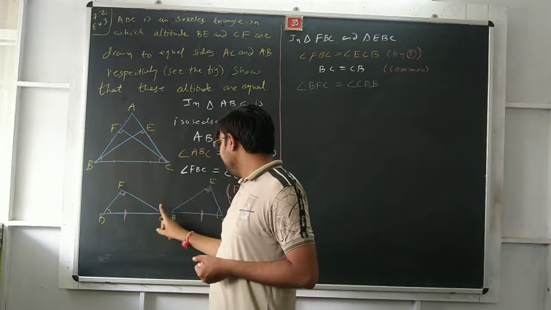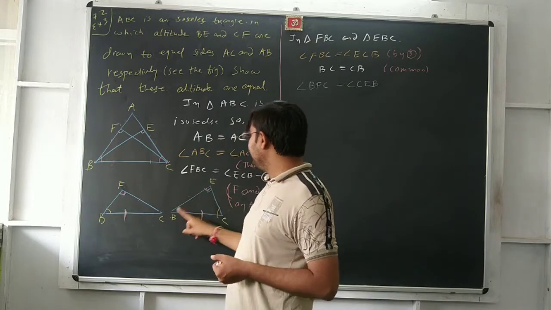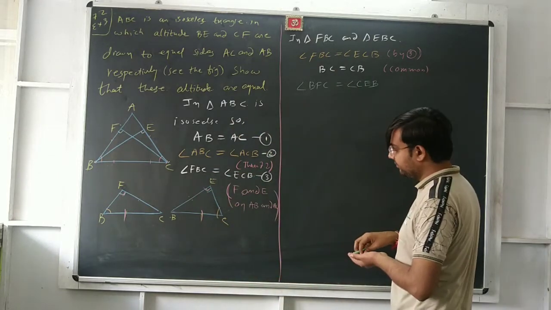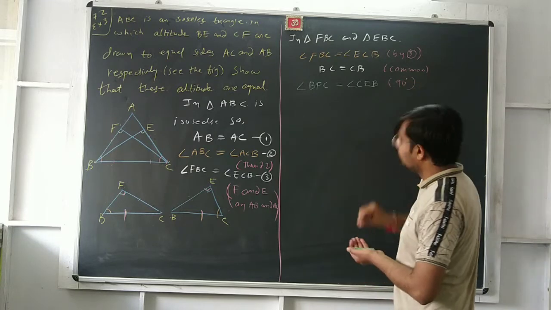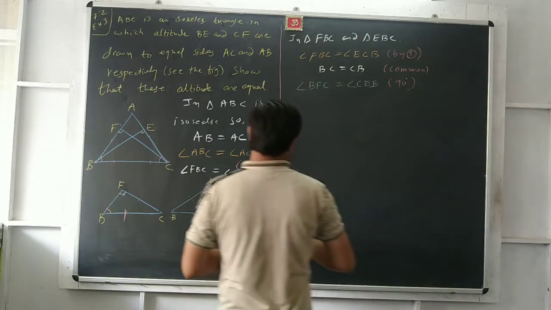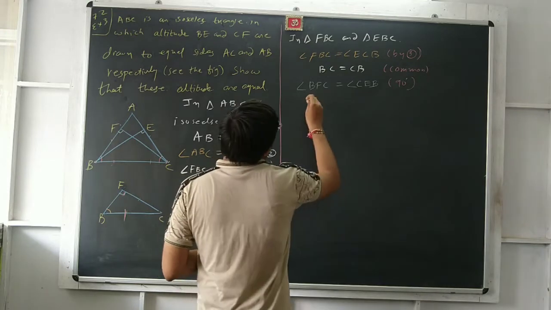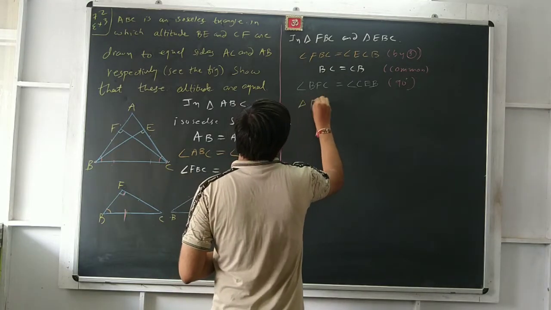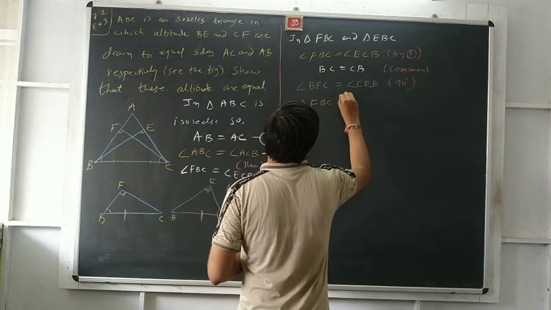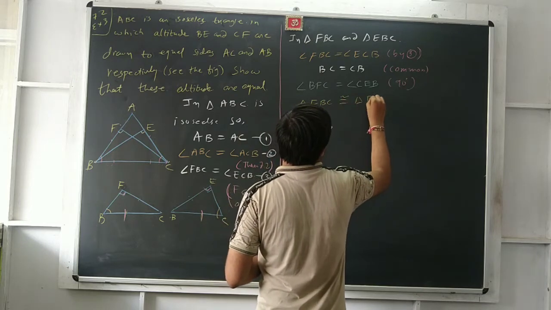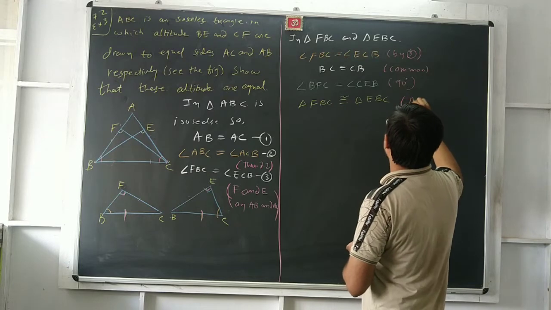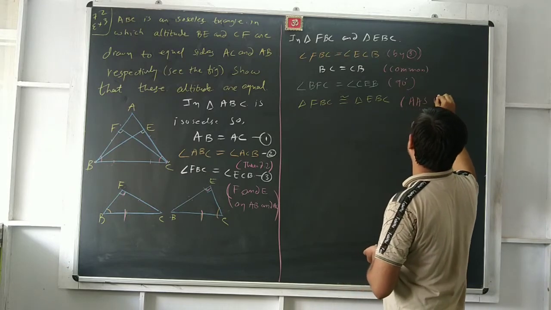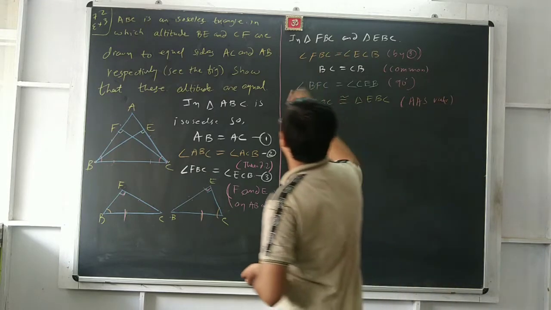Here BFC and CEB are both the same because they are 90, right angles. So we can write that triangle FBC is congruent to triangle EBC by the angle angle side rule, two angles and one side.